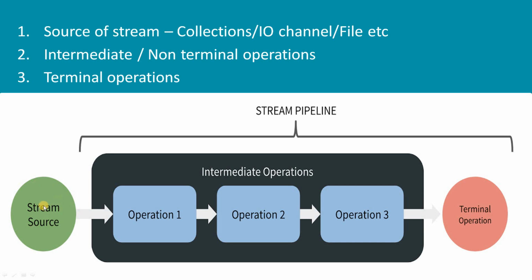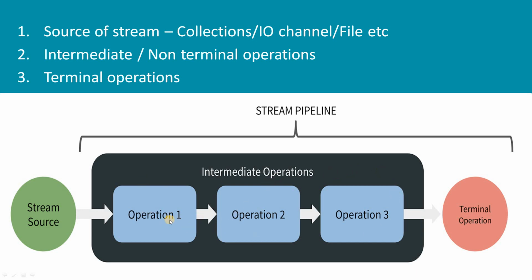Once you have your stream ready, you can apply operations. You can apply either intermediate operations or terminal operations. So as you can see here, we have two categories of operations. One is non-terminal operation and then one is terminal operation. We can apply multiple intermediate operations. Why?